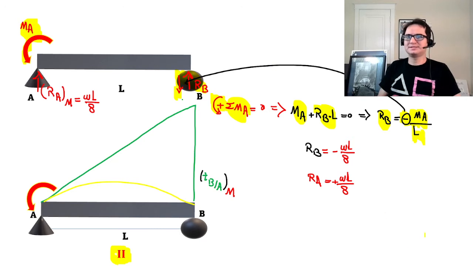It was not consistent with our assumed direction. And RA should cancel out RB, and that's a positive WL over 8 for the second figure.